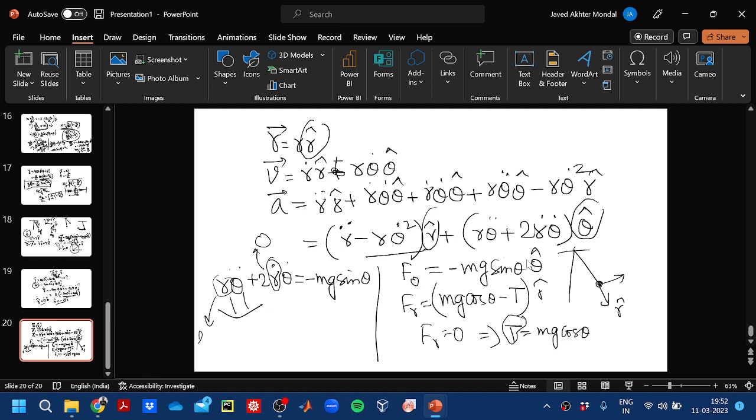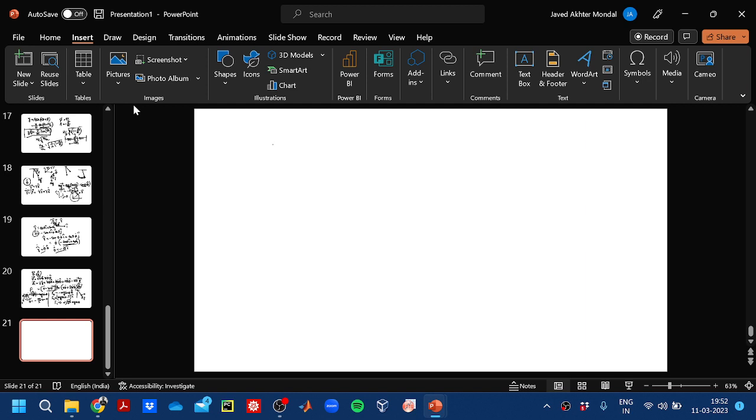Let us take it to be L. Then we get theta double dot equal to minus mg by L sine theta. The m will cancel out, so minus g by L sine theta. So what is the solution? We get theta double dot plus g by L sine theta equals 0. This is the equation of motion of this simple pendulum.